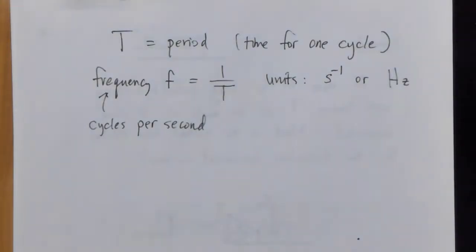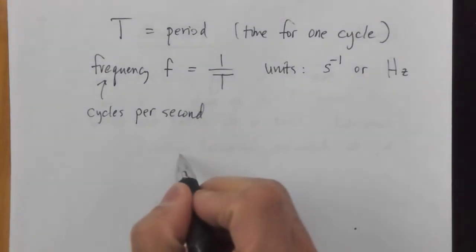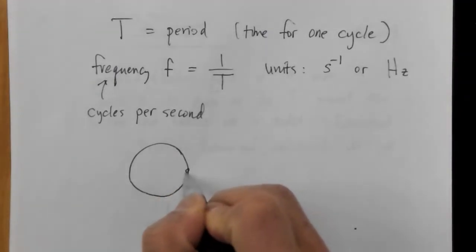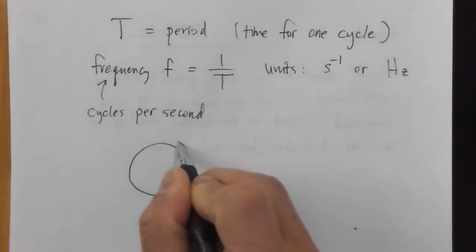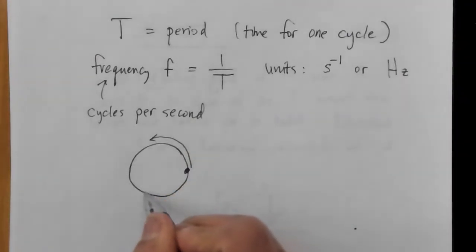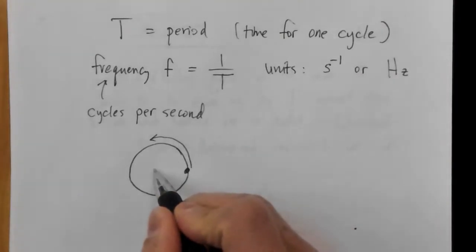All right, so now we did a little demo showing you that we can think of oscillations as a little particle going around a circle. It starts here, it goes around, right? And then we said we can write down the x-coordinate.